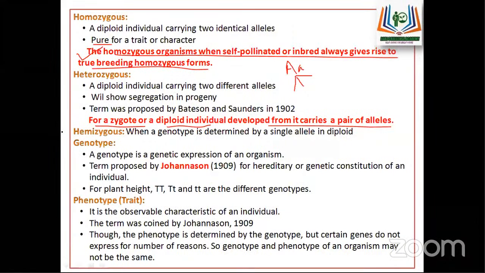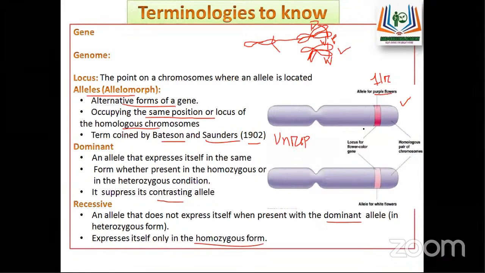Now the important point that comes here is the hemizygous individual. What are hemizygous individuals? When the genotype is determined by a single allele in the diploid condition. Yesterday somebody was asking regarding the hemizygous condition. It is like when this region is deleted because of some reason, this portion is lost.